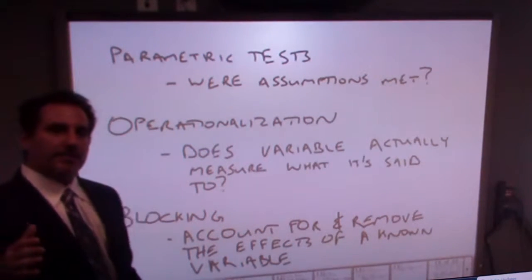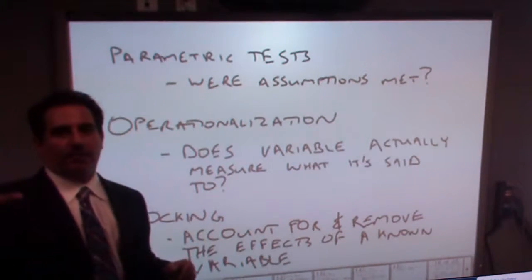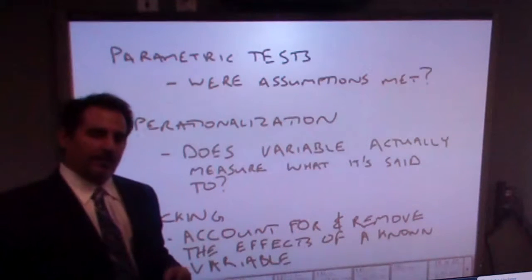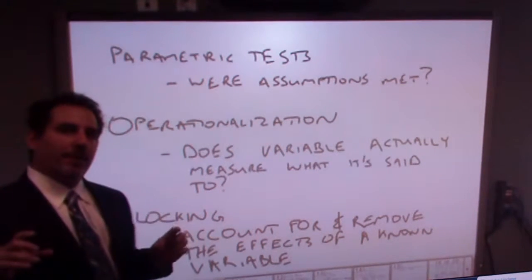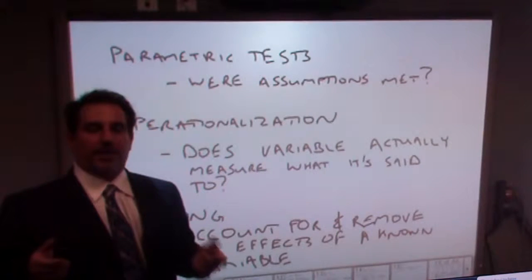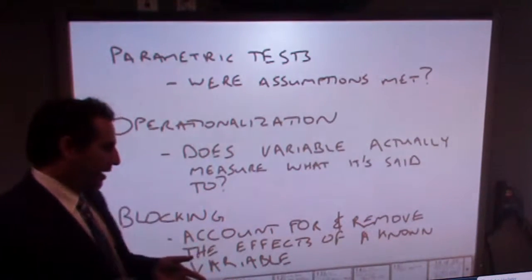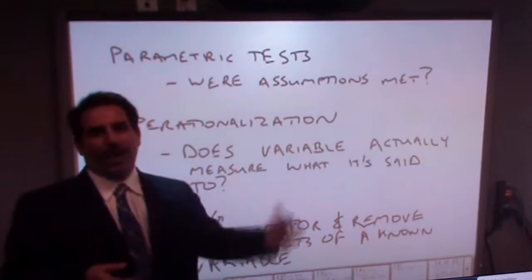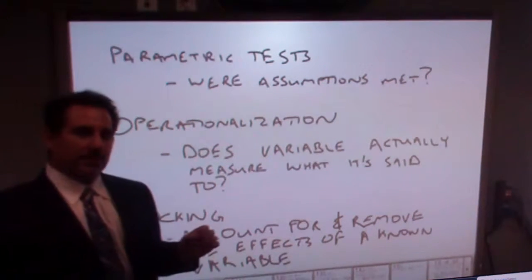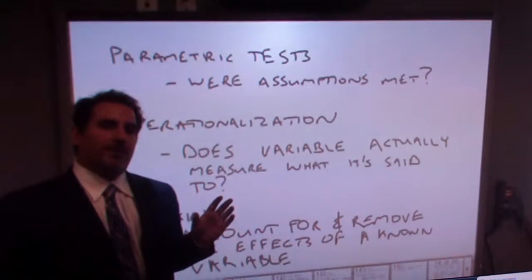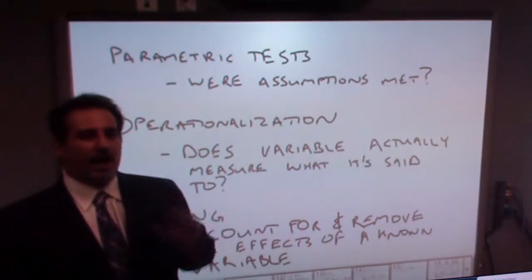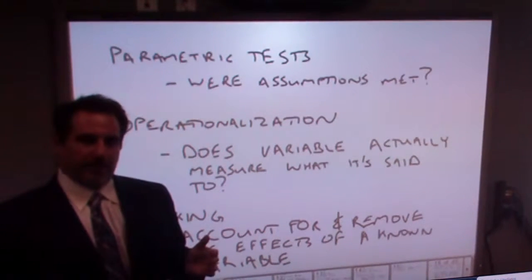If the answer is yes, half of you go in Group A and half go in Group B, and no, same thing. That way you're controlling for the impact of prior experience. Of course, it's impossible to block for every variable. And I think what people need to do is they really need to think about their subjects and ask themselves, is there anything that obviously we should be blocking for in this study?